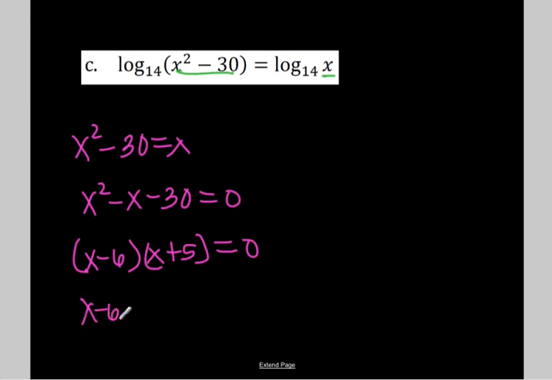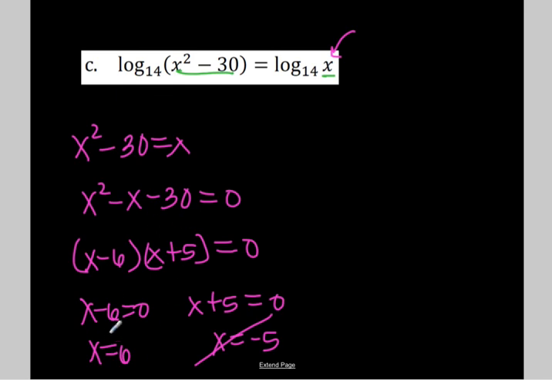So x minus 6 equals 0, so x is equal to 6. x plus 5 is equal to 0, so x is equal to negative 5. And once again, if I plug in a negative 5 right there, can't do that one. But if I plug in 6, I would have 6 here, that's fine. 6 squared is 36, 36 minus 30 is 6, so that will work out.